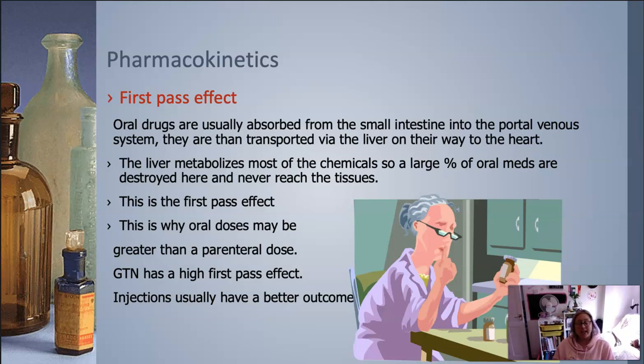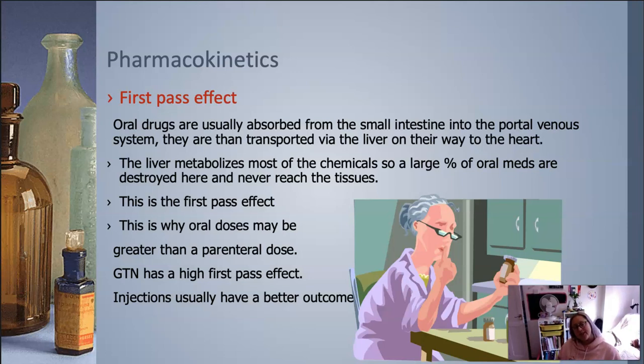Even though you might be getting the same dose, if you're giving it IV, you're getting 100% of that antibiotic taken into the body and to the systemic circulation to help fight that infection. Whereas with oral antibiotics, you could be losing 50% of it within the first pass effect.